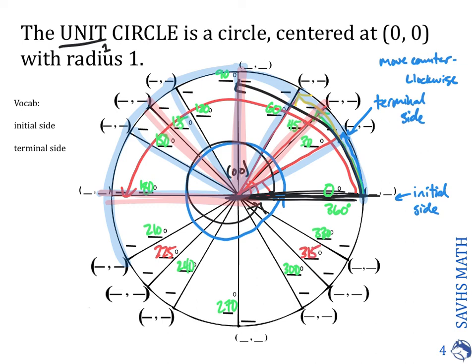So all of these are also 45s. Okay. So I've gone by 30s and I've gone by 45s from 0 to 360. Those are the angle measures going counterclockwise from the initial side to the terminal side.